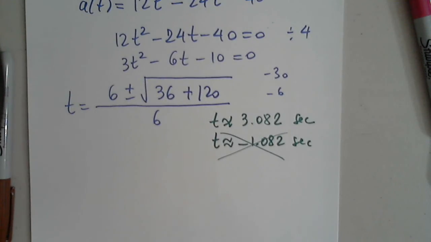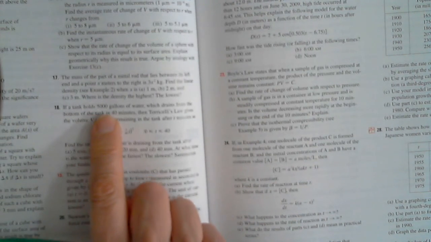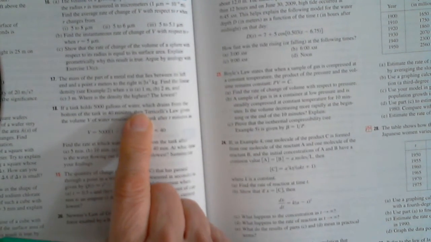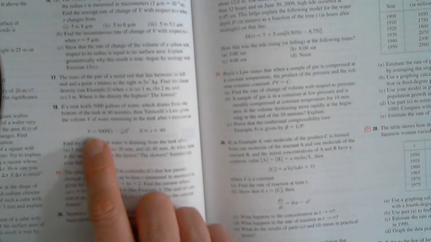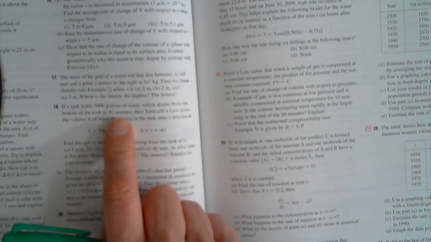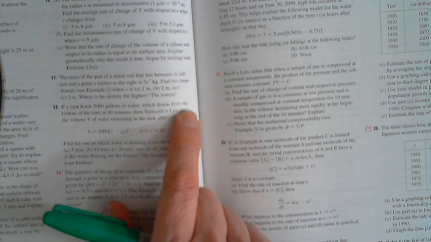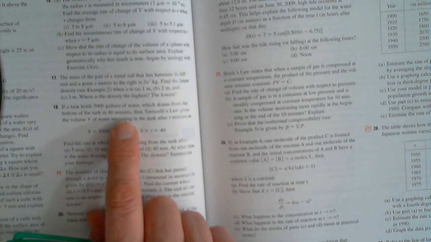Okay, this is a very interesting type of problem that I would like to discuss with you. If a tank holds 5,000 gallons of water, which drains from the bottom of the tank. I'm sure the problem is in the book. I don't think they removed this problem. It's an interesting problem. Which drains from the bottom of the tank in 40 minutes.